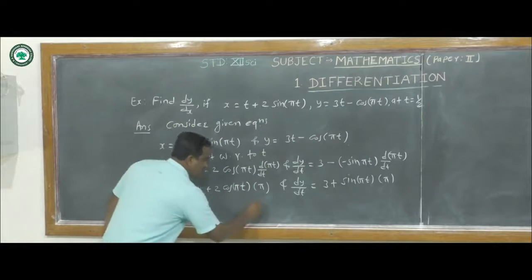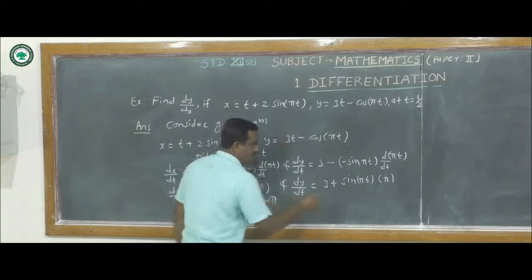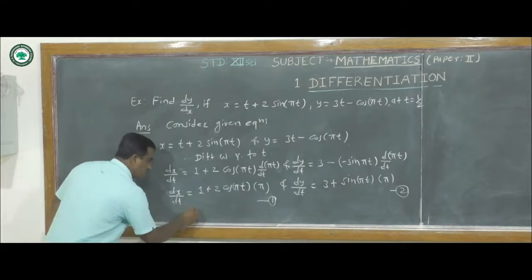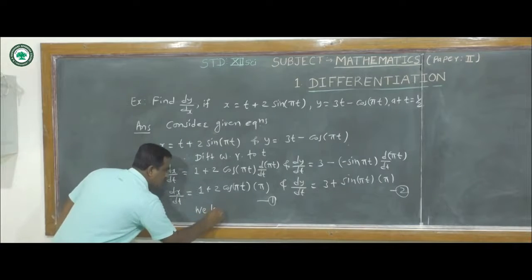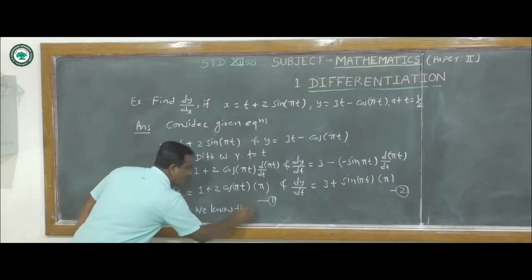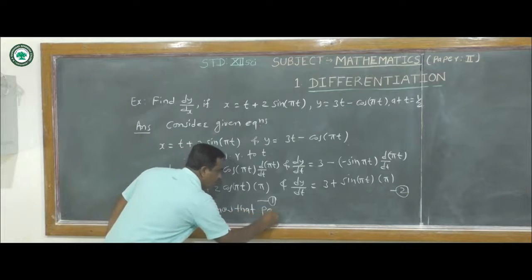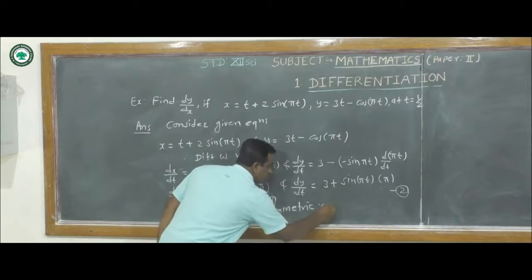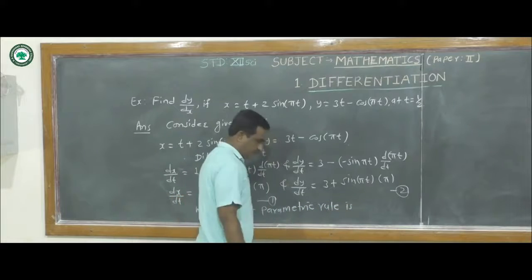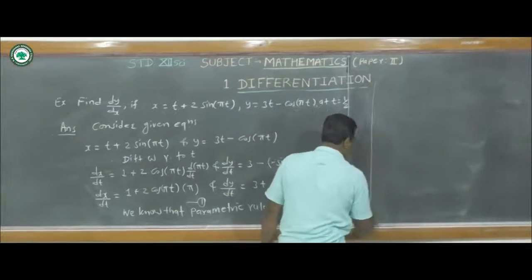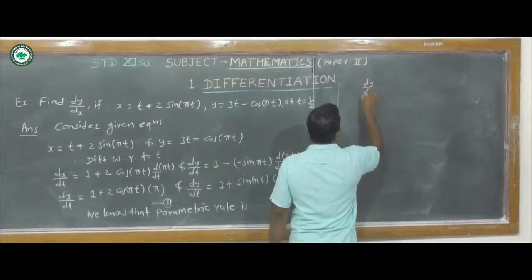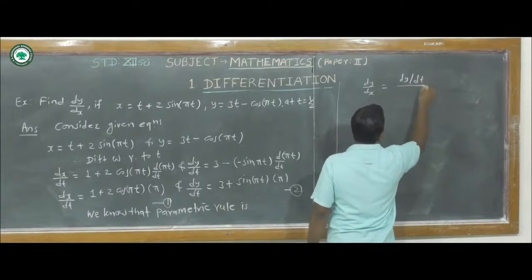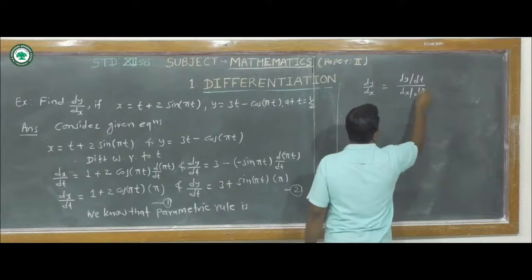Now we can call this the first equation and this the second equation. Now we know the parametric rule: dy upon dx is equal to dy upon dt upon dx upon dt.